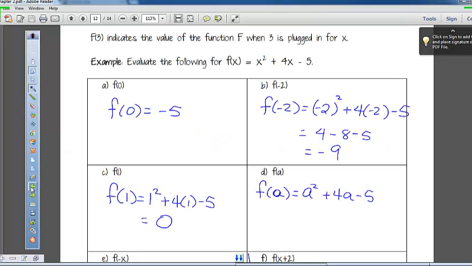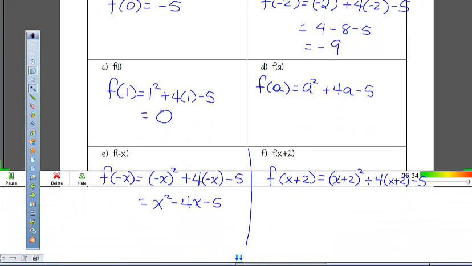So where were we before I digressed? Let's see. So I'm trying to square x plus 2 squared. It's going to be x squared plus 2 times x times 2. I'm writing it out. Plus 4. Okay. All right. Plus 4x plus 8 minus 5.